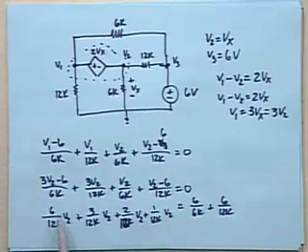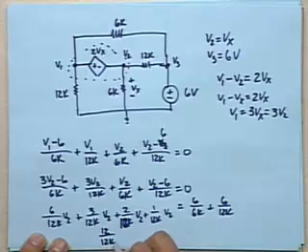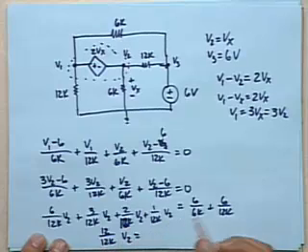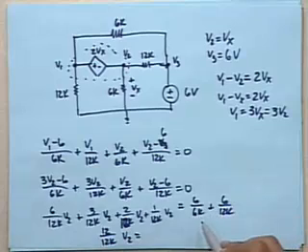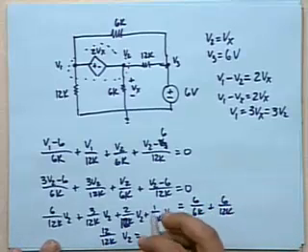So that's 6, 9, 11, 12. Yeah, 12 over 12K V2 equals, again, the common denominator here is going to be 12, so that'll be 18 over 12K.